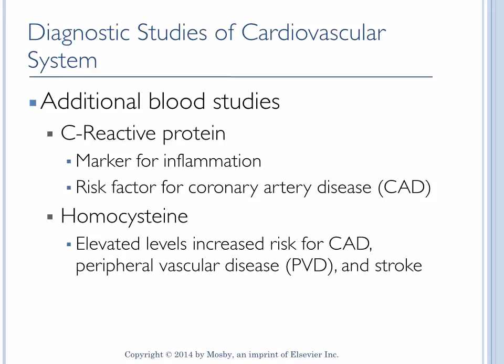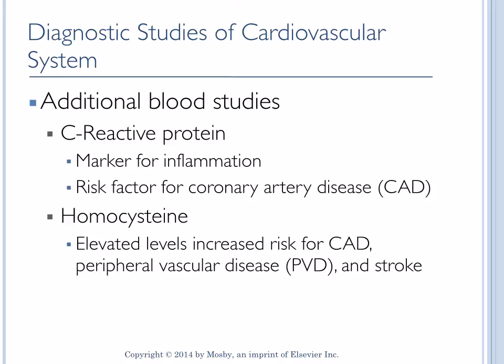Now, who would be getting tested for homocysteine? It is recommended that homocysteine testing should be done on those patients who have a familial, hereditary tendency for early cardiovascular disease, or who have a history of CVD in the absence of any other common risk factors.